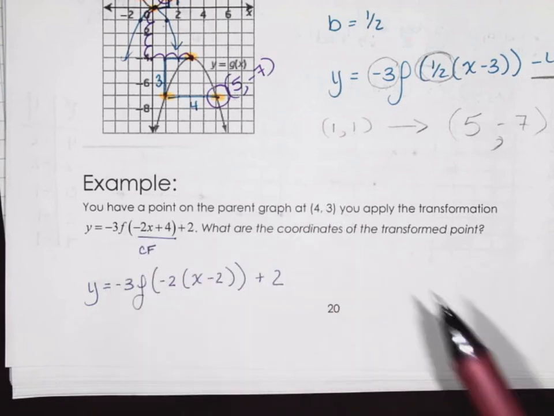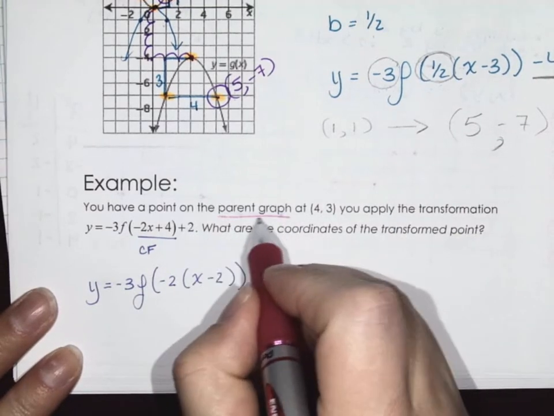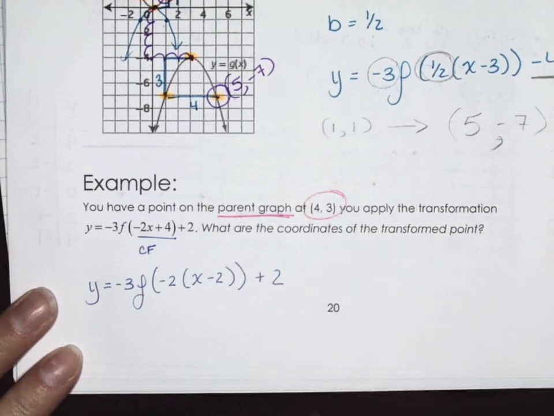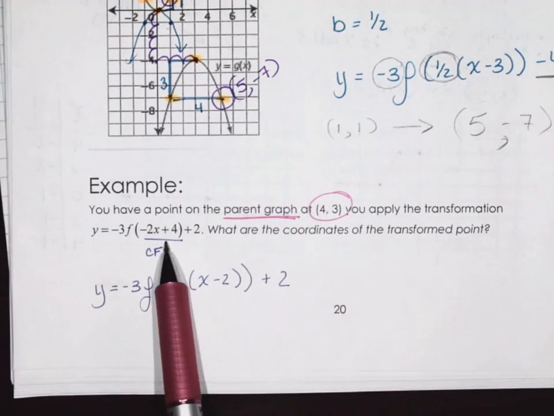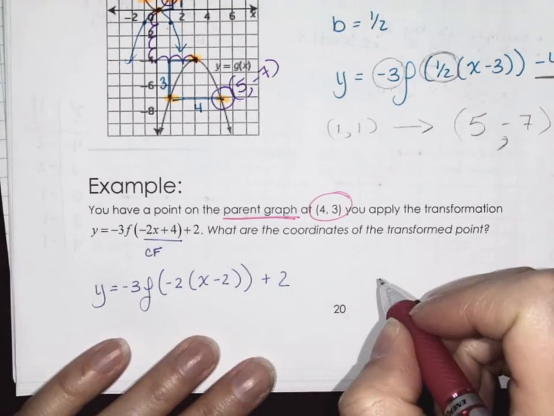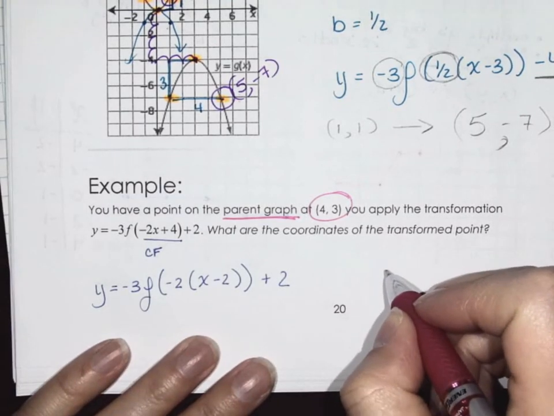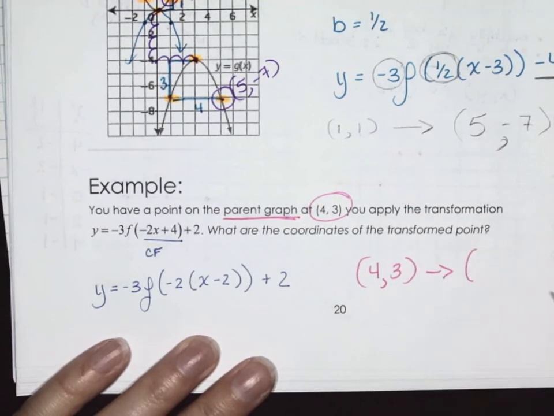Okay, so now we can answer the question. You have a point on the parent graph, 4, 3. You apply the transformation of this. What are the coordinates of the transformed point? Should we start with our x's? I just feel like that comes first.